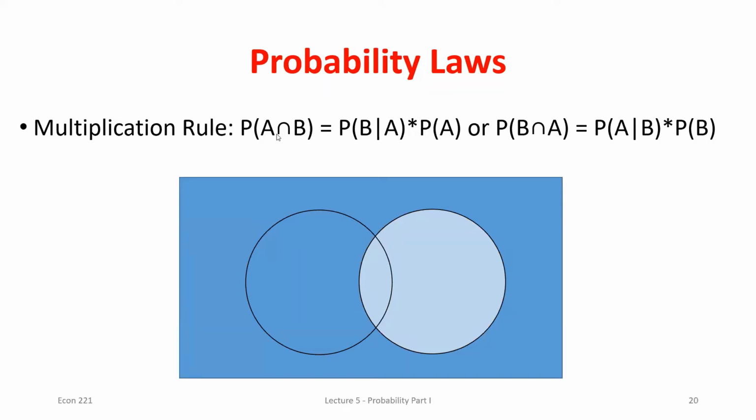And this is nice because it doesn't matter which way I write this intersection, right? If I write it this way, I could also find the intersection using a different conditional probability and then multiplying by whatever I condition on there. So there's really two ways of finding this intersection, because it doesn't matter what order I write the intersection, that's the exact same thing. Right? The ordering didn't matter there. Okay?